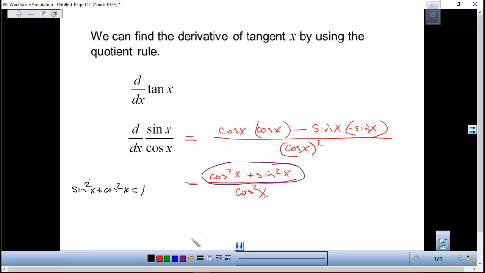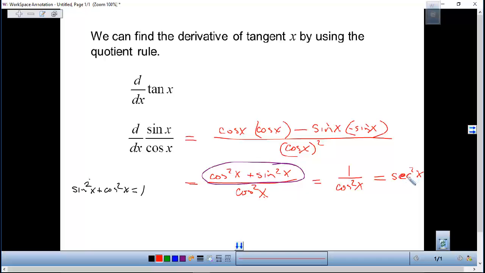So this up here on top is actually equal to 1. So we end up with 1 over cosine squared x. And what is 1 over cosine? Well, 1 over cosine is secant, and since we've squared it, it's actually going to be secant squared x.